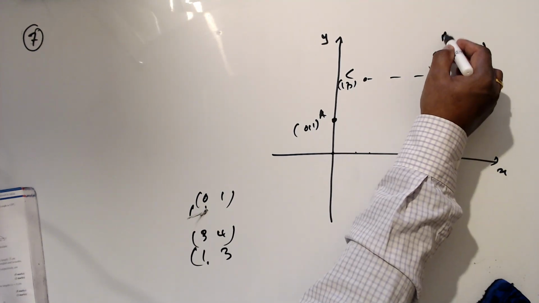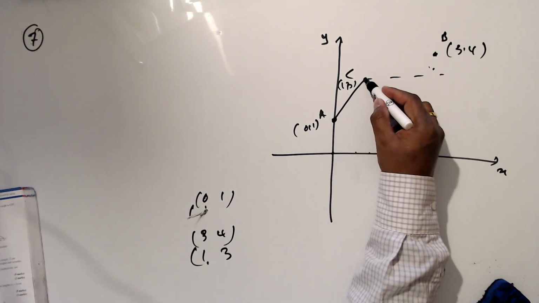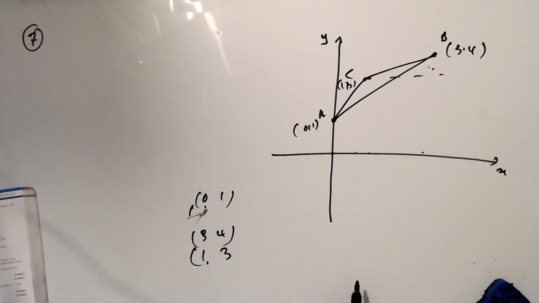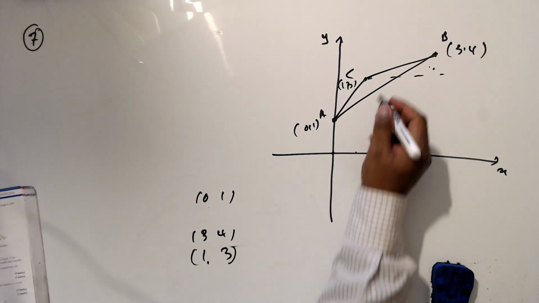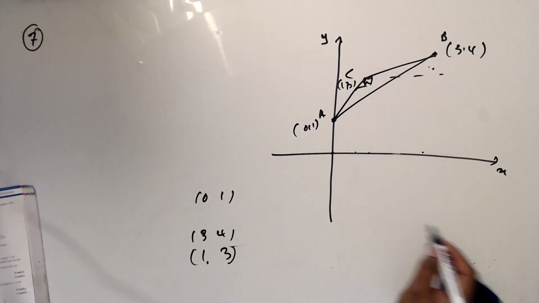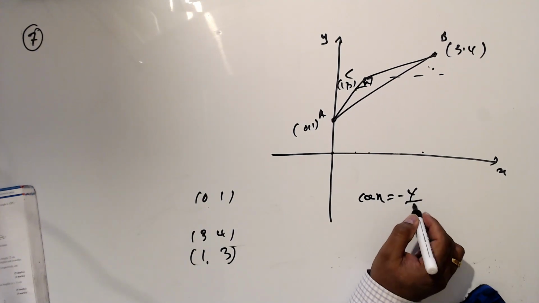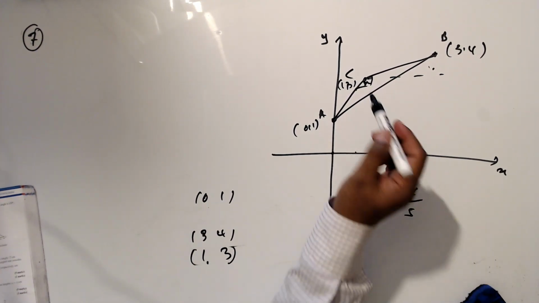This is B. Now we want to show that if this is x, cos x is minus 4 over 5.